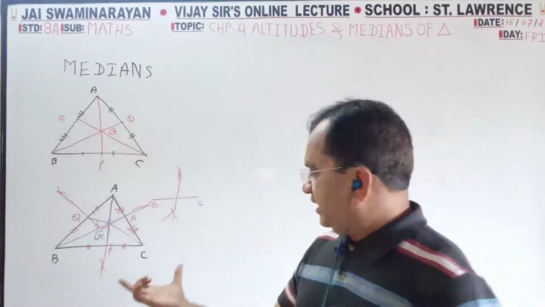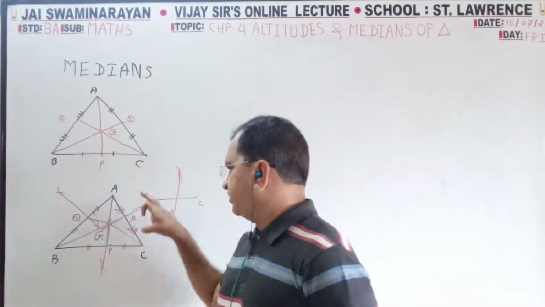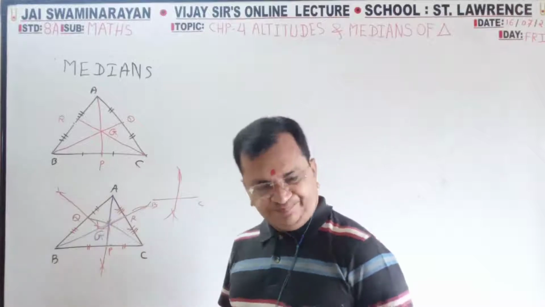By scale also you can find, suppose it is 8 cm, 4 and 4, suppose it is 6 cm, 3 and 3, like that.